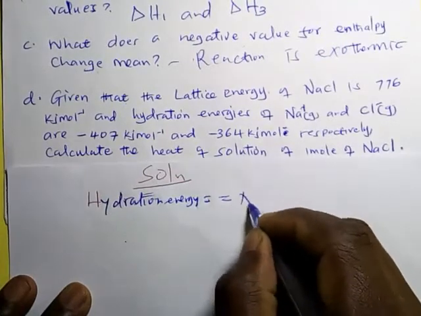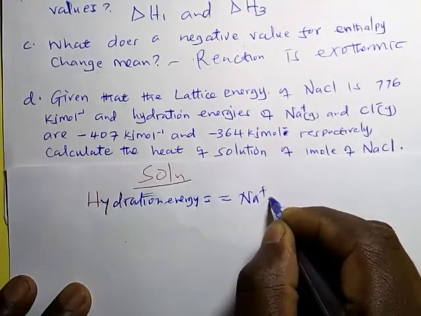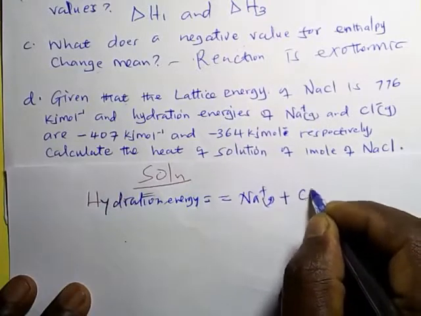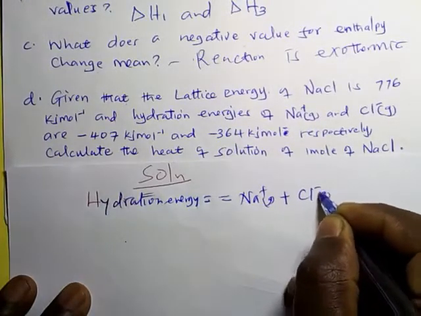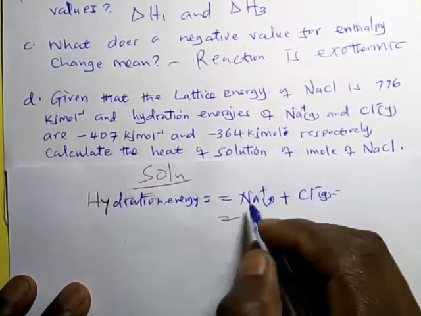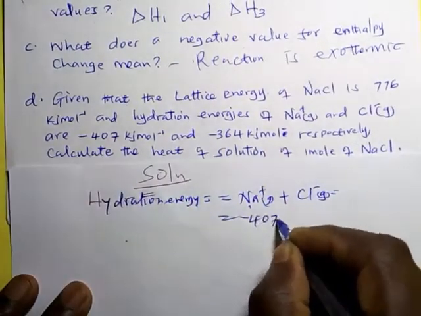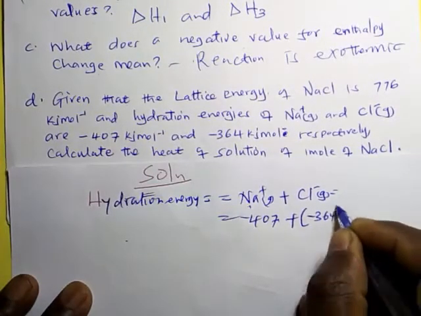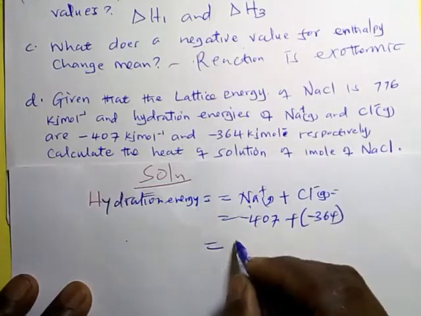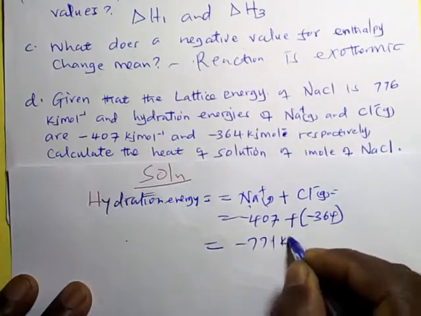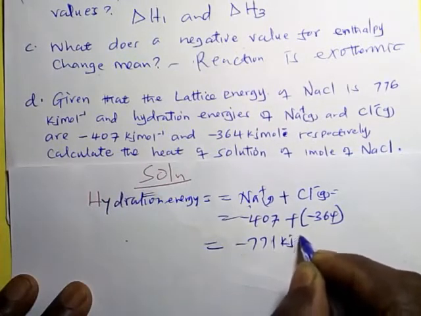So -407 plus -364, and the final answer is -771 kilojoules per mole.